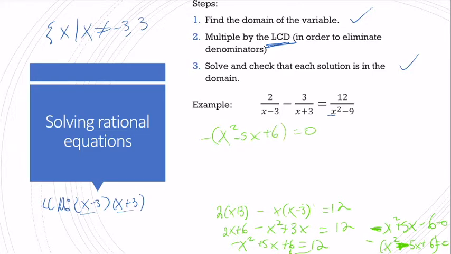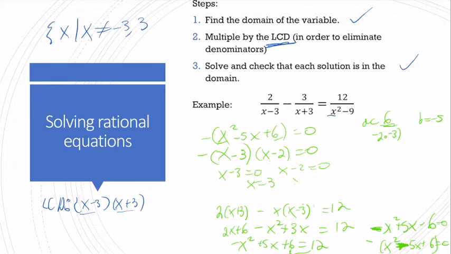And I say, okay, what are the factors of AC, which is 6, that add up to B, which is negative 5? Well, the factors of positive 6 would be negative 2 times negative 3. So I know this is going to factor to negative x minus 3, x minus 2 equals 0. So I have x minus 3 equals 0, x minus 2 equals 0, so I get x equals 3 and x equals 2.